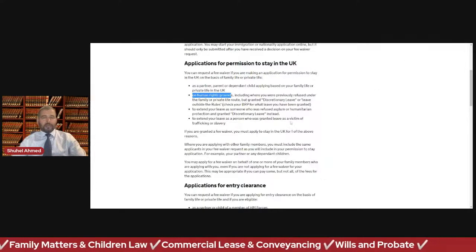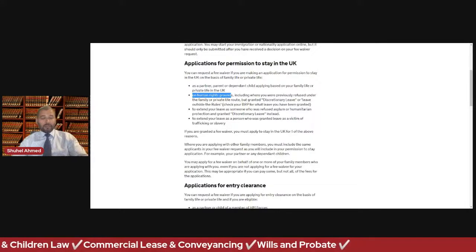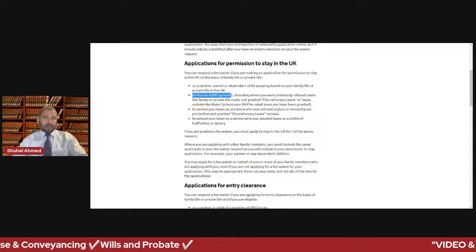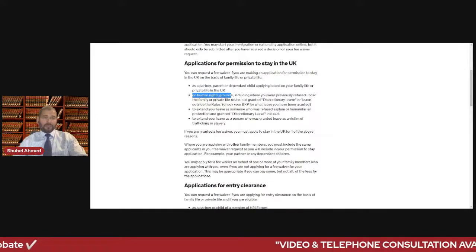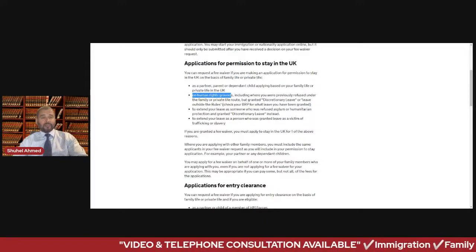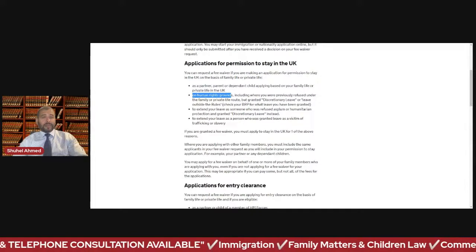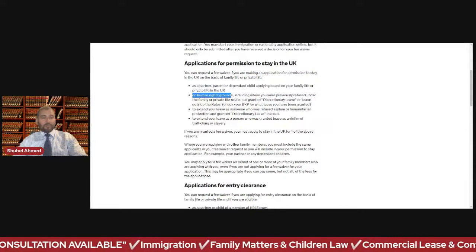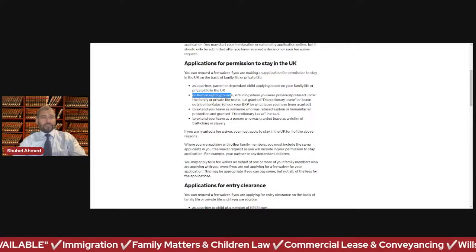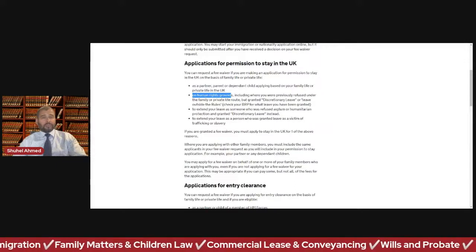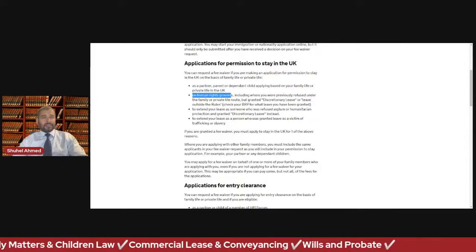So my advice will be, if you have any concern under Article 2, right to life, or Article 3 on medical grounds, or any other, because you will face bad treatment on returning to your home country from your government, or from the law enforcement agency, or from the community, from the society.